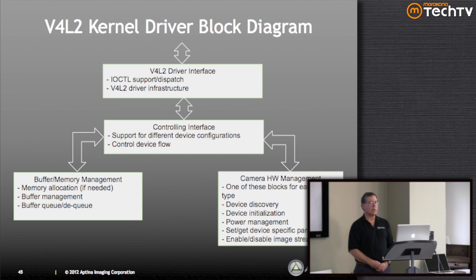On the lower right-hand side, each camera will have its own file that'll have all its hardware-dependent parts in it: how to detect the camera, how to initialize it, power management, things of that sort. And of course, the driver has buffer and memory management things inside of it.